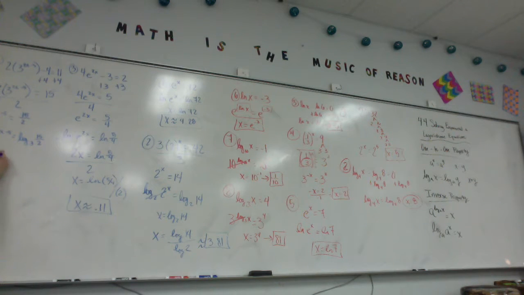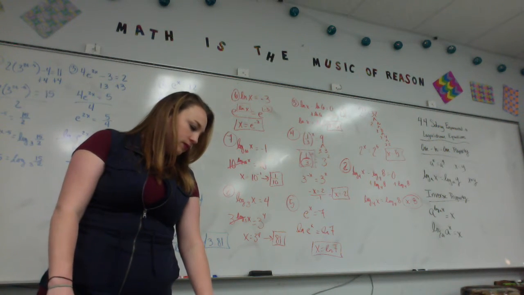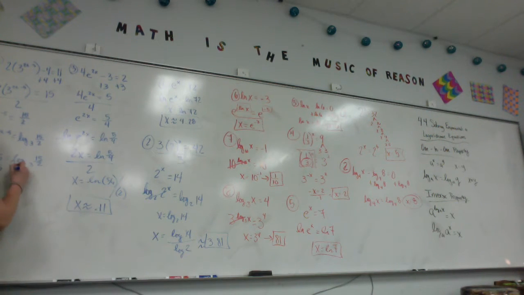So 2t minus 5 equals log base 3 of 15 over 2. Now what? Add 5. 2t equals 5 plus log base 3 of, I'm going to change this to just 7.5 so it's easier to work with. Now what?